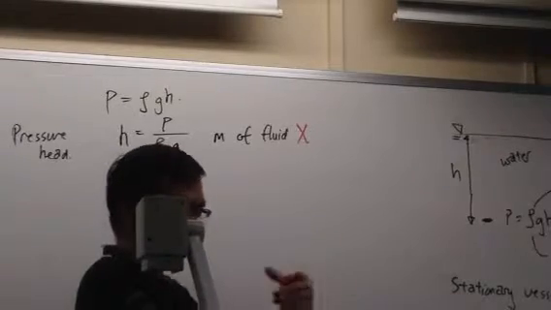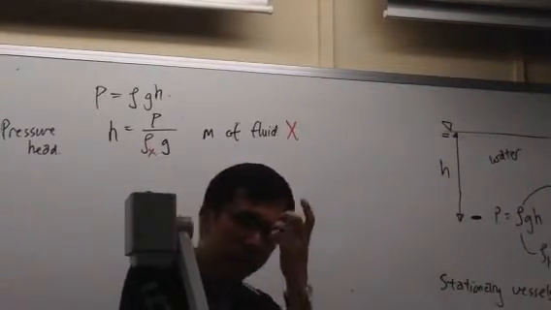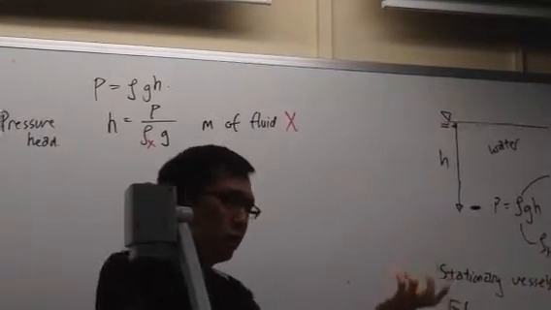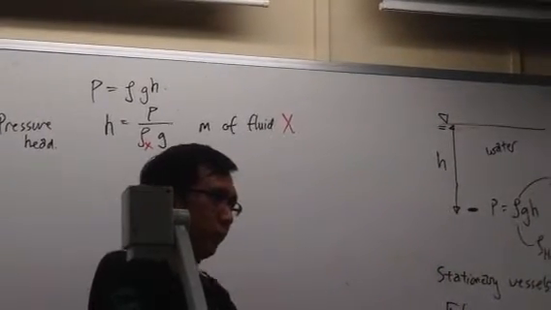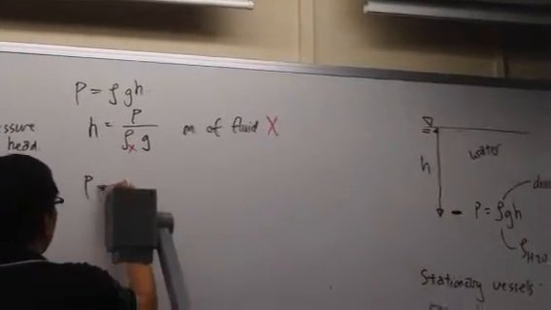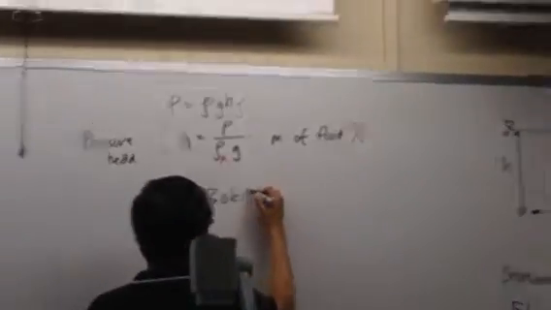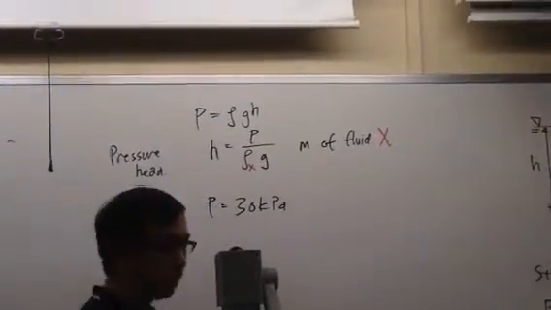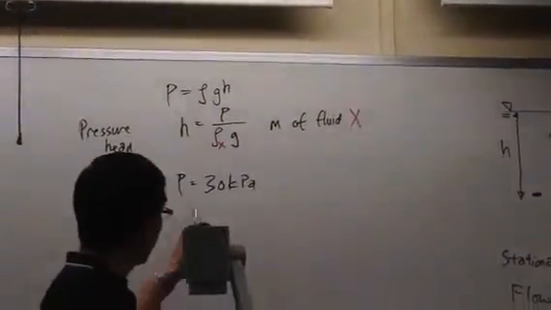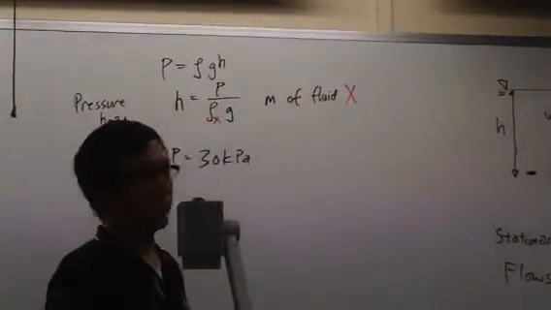The usual approach is always get the Pascal pressure first. Then you can convert to any head you want. Take for example, if my pressure is 30 kilopascals. Now I want you to tell me what is this pressure in meters of water.